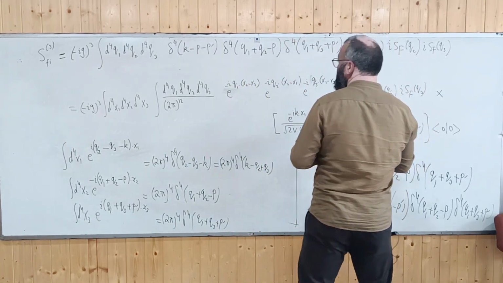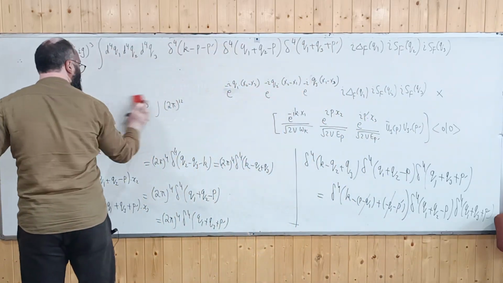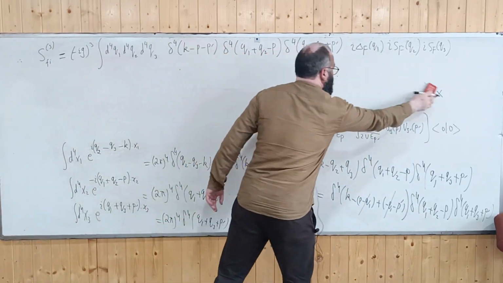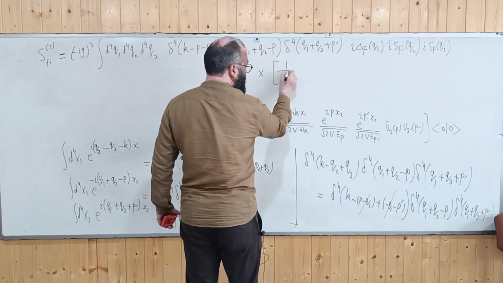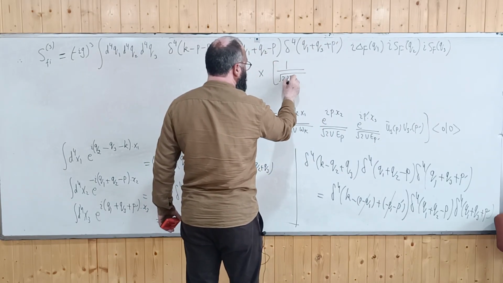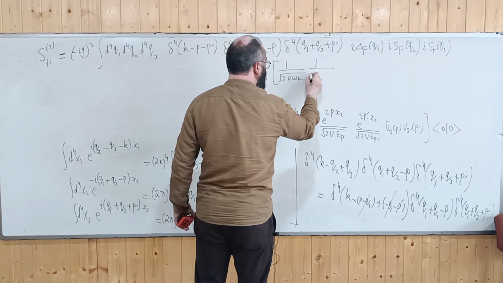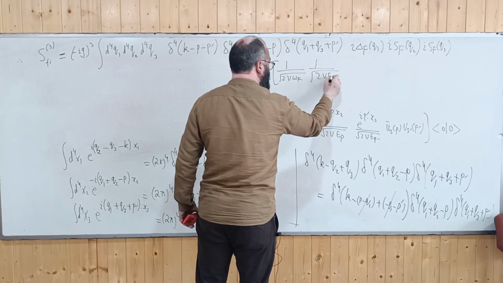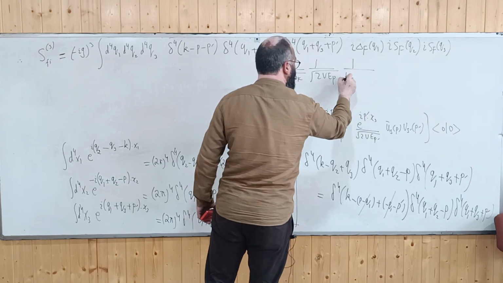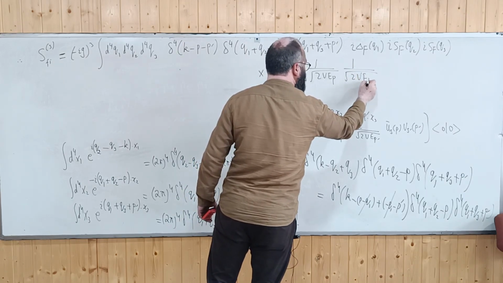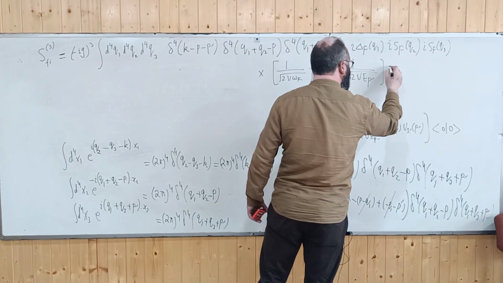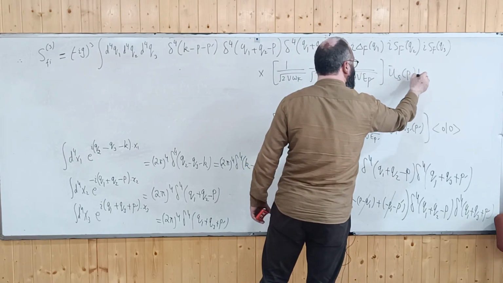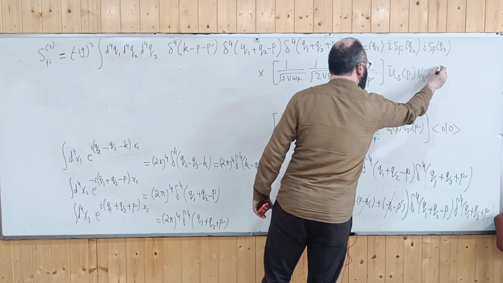So you have in the denominator, multiplied by this factor, 1 divided by root of twice V omega k, 1 divided by root of twice V E p. So it is a straightforward calculation, you need to do it at your places. Then you have this thing, u s p, u bar r s p, v s prime.